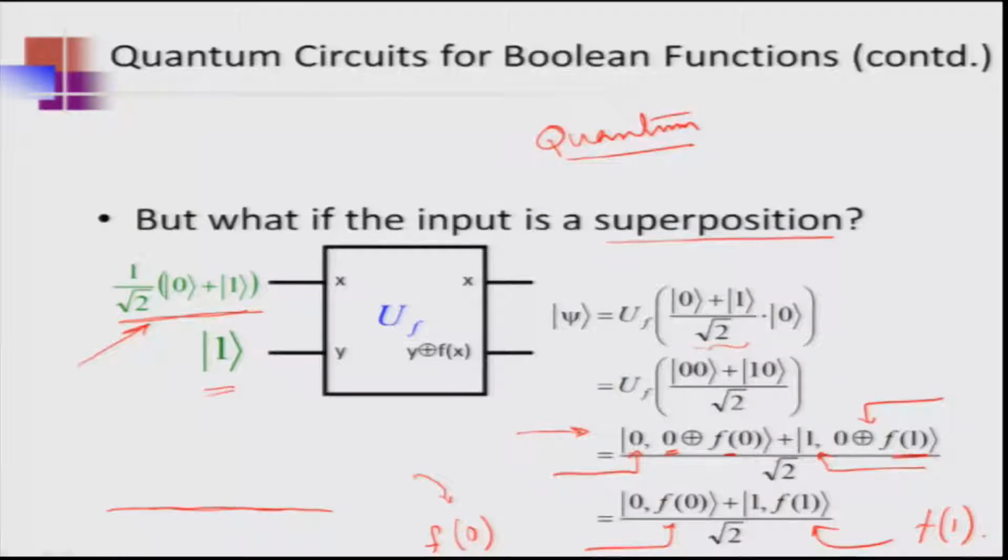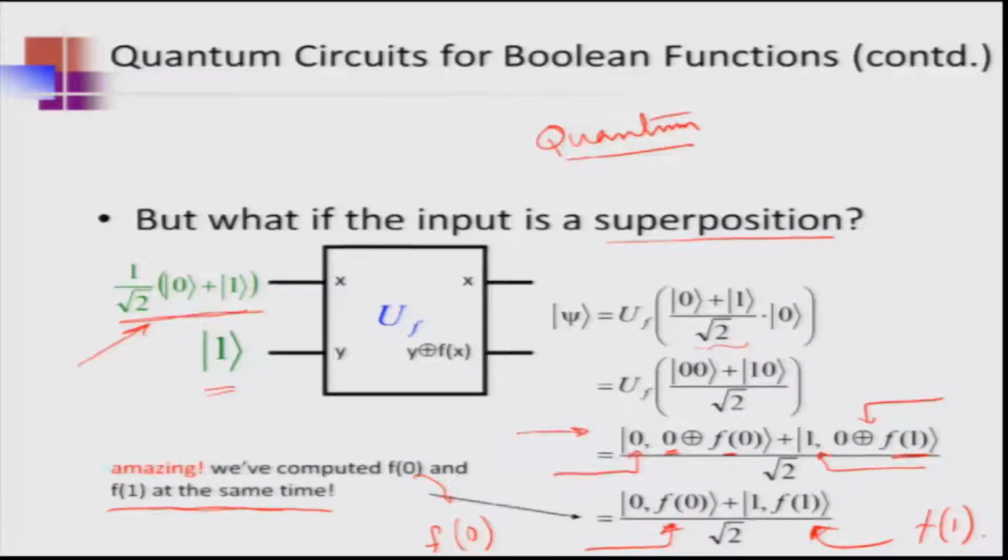Now, instead of doing that, if we send in the input as a superposition, we find that what we finally achieve are the two functional values of f of 1 and f of 0 simultaneously, which is the same idea that we had started off with, to compute both the values of the function at the same time.